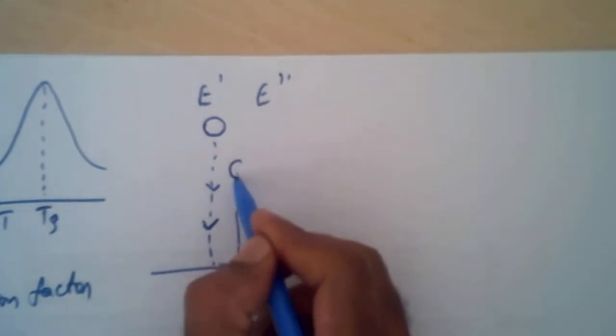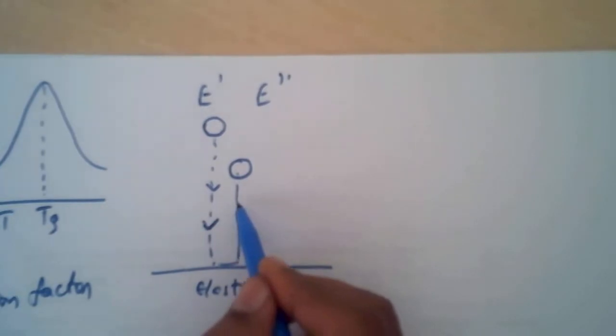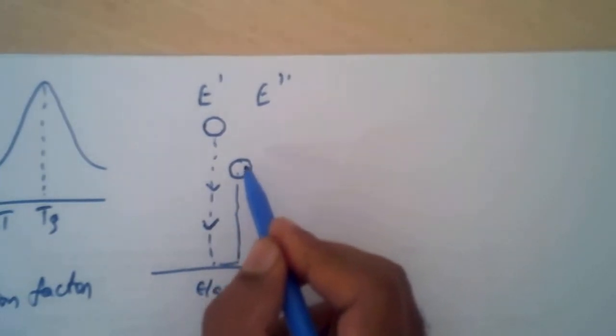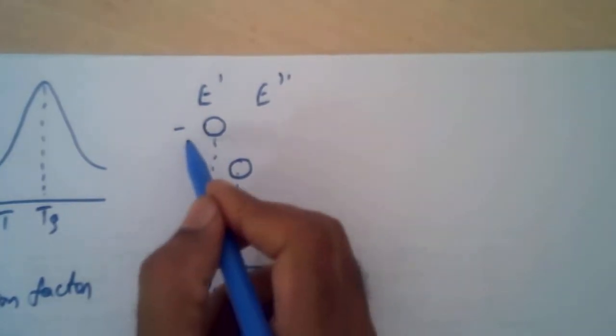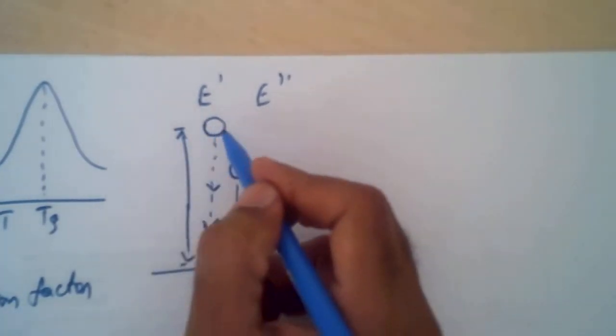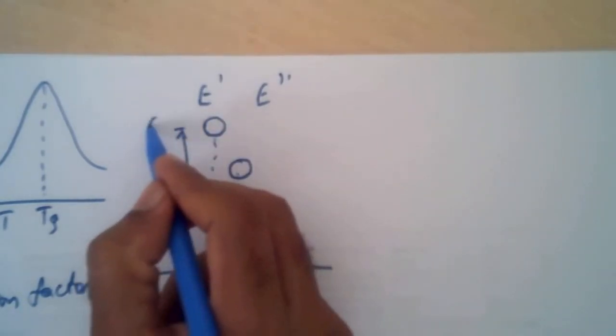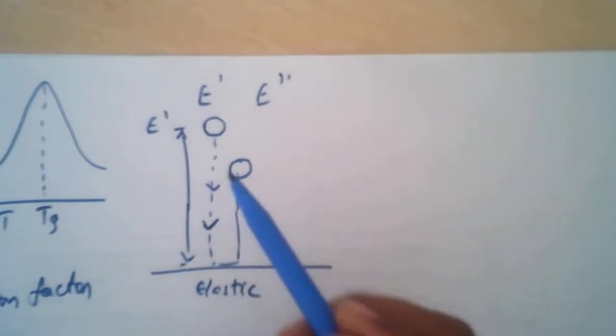And now, for example, if it has bounced up to this side, here initially it was up to this side, and then this side we call it storage modulus, the amount of energy which is stored in the material.